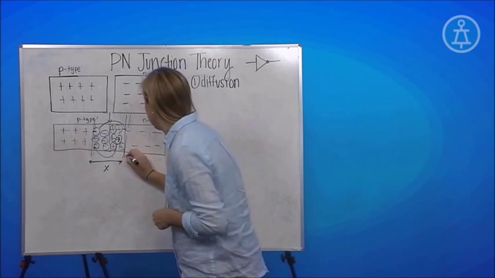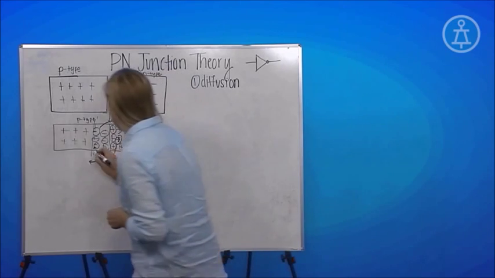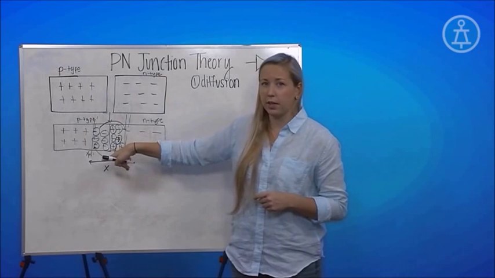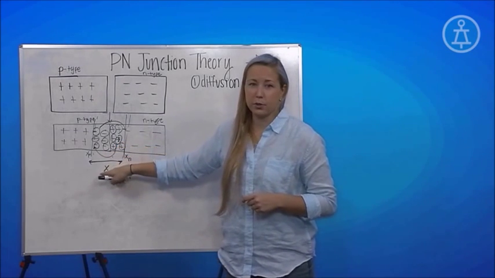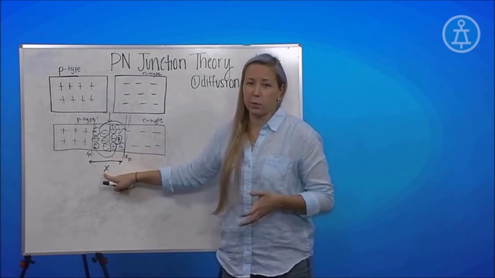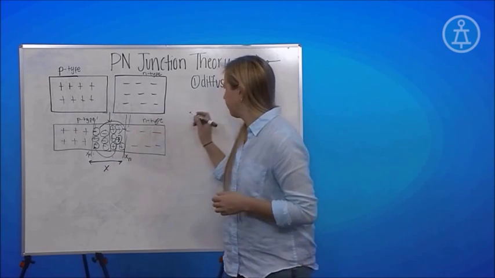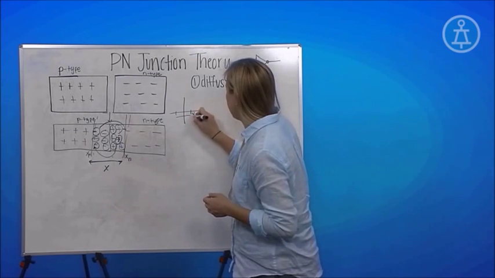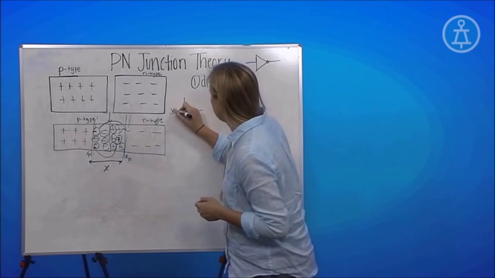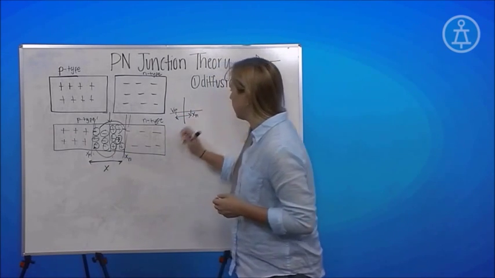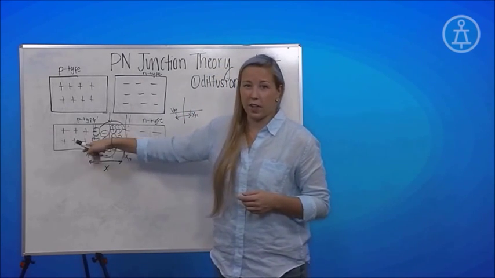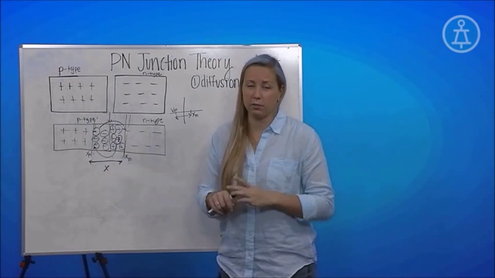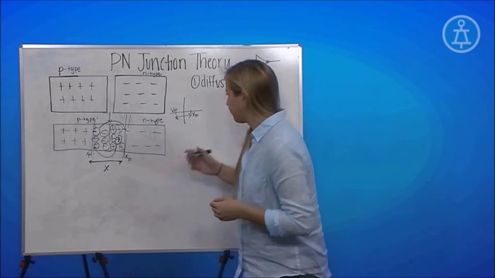For notation, we note the sides of the depletion width with respect to the actual value of the width from a coordinate system, because you'll see later on that the sizes of these depletion regions on each side of the materials have an effect on the charge distribution and the electric field built inside of it.